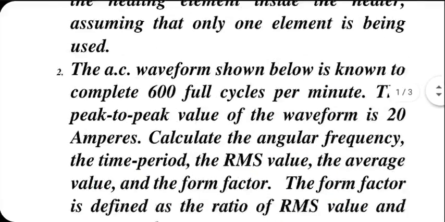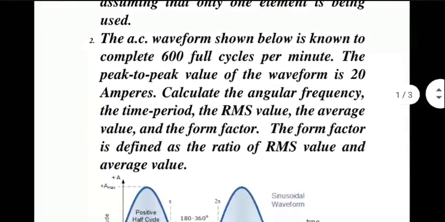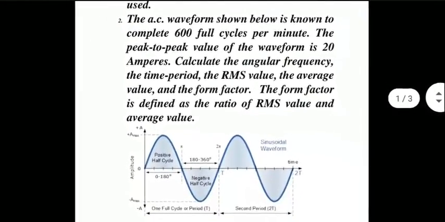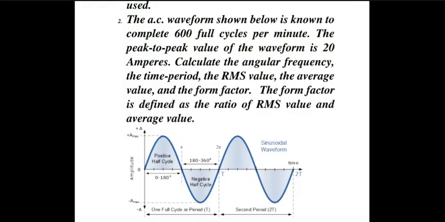Second problem here is your basic understanding of AC signals. The AC waveform shown below is known to complete 600 full cycles per minute. That means 10 cycles per second, right?